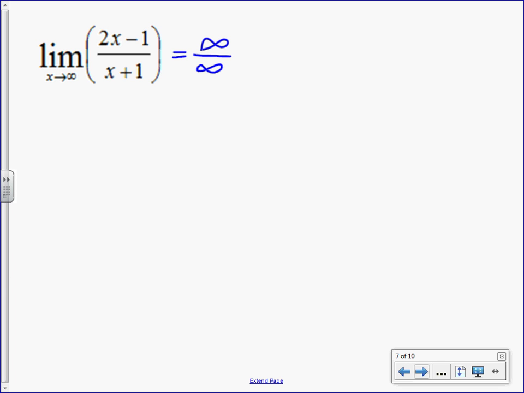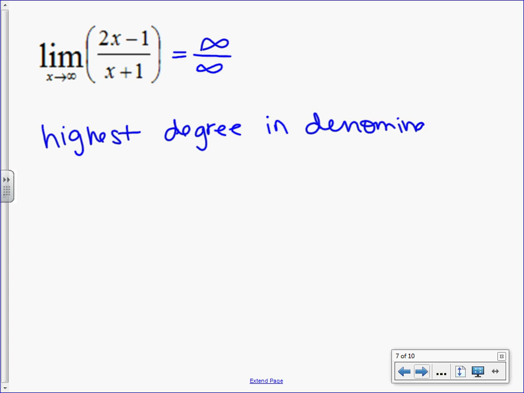So what we can do is we're going to look at the highest degree in the denominator, and we're going to divide each of our terms by that x to a power, okay?